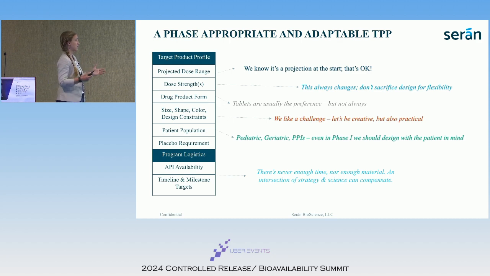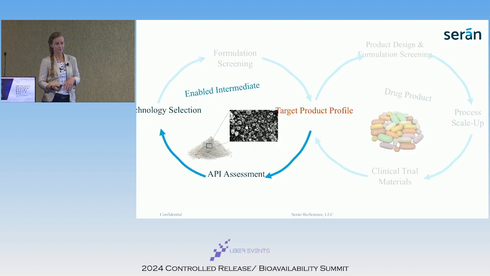So with all of this in mind, in order to actually get a good product early on, right from the start, that can go all the way through your clinical phases of development and your commercial product, as formulators, we need to bring not only that scientific excellence to what we're doing, but also some strategy in order to make this achievable.